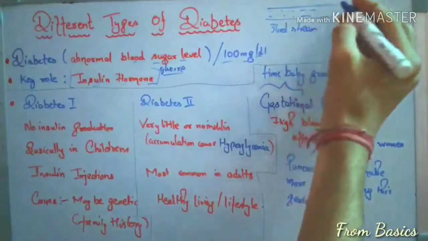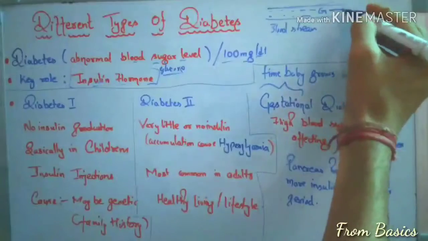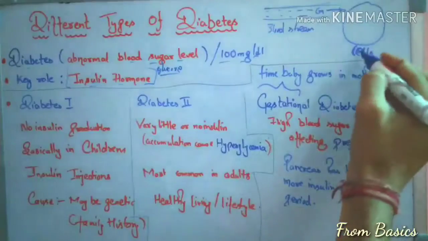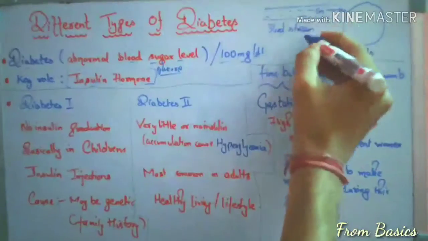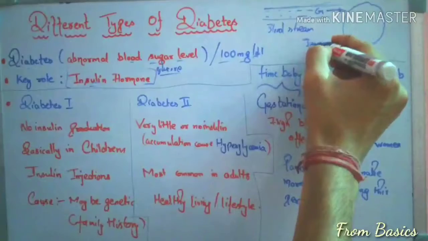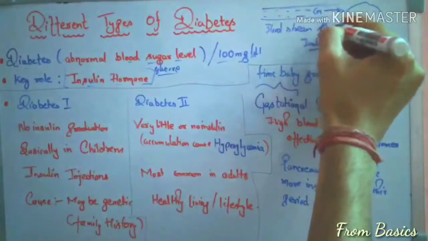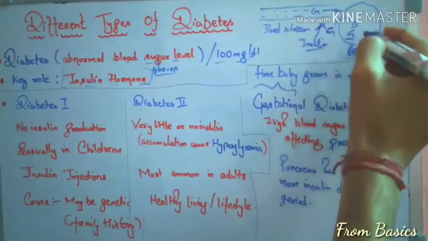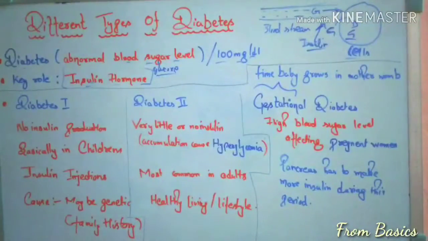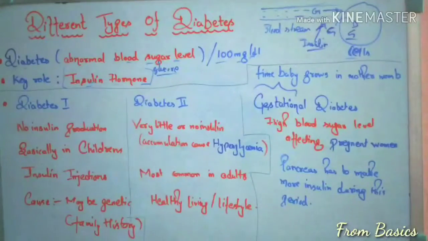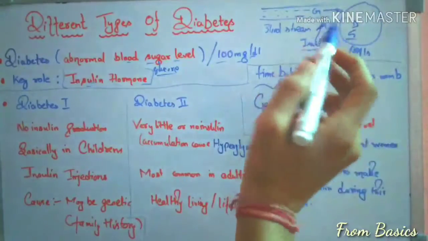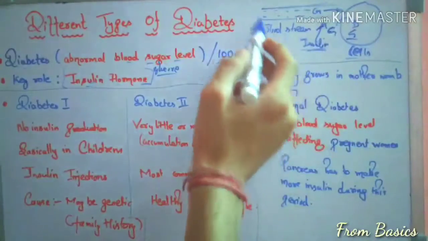From here glucose will enter into the cells. The insulin hormone makes glucose enter into the cells, where it goes through different pathways, glycolysis, Krebs cycle, etc. If insulin is not produced, or it is not produced in adequate amounts, it will lead to diabetes.